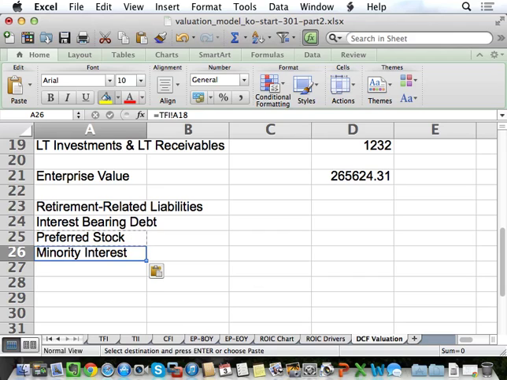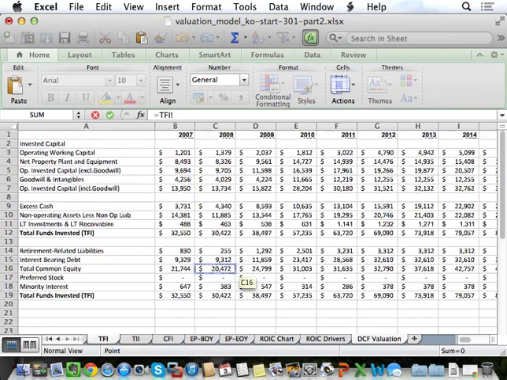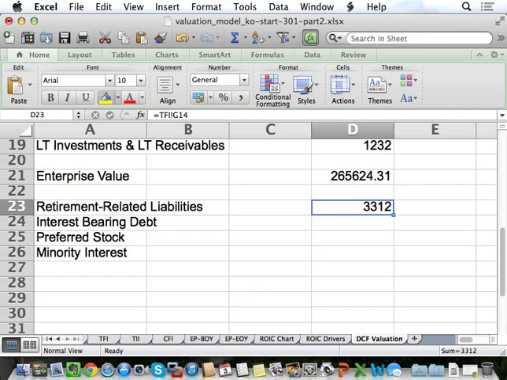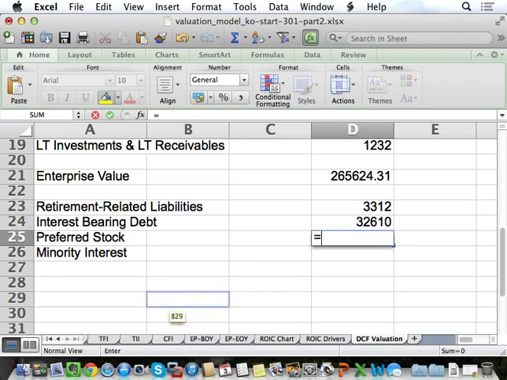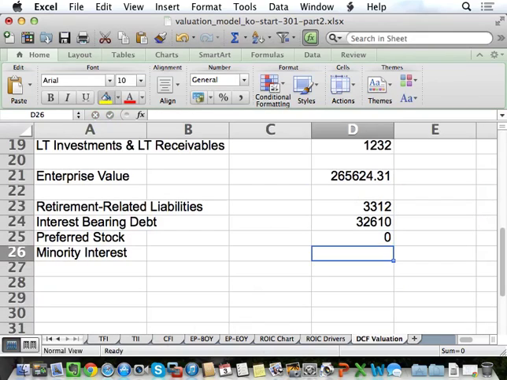I'm also going to use the 2012 values or the current values for the company because they're already in present value and that's what exists today. So in this case, the 2012 retirement-related liabilities and the 2012 interest-bearing debt. And I want the 2012 preferred stock, if the company has any, and the 2012 minority interest.